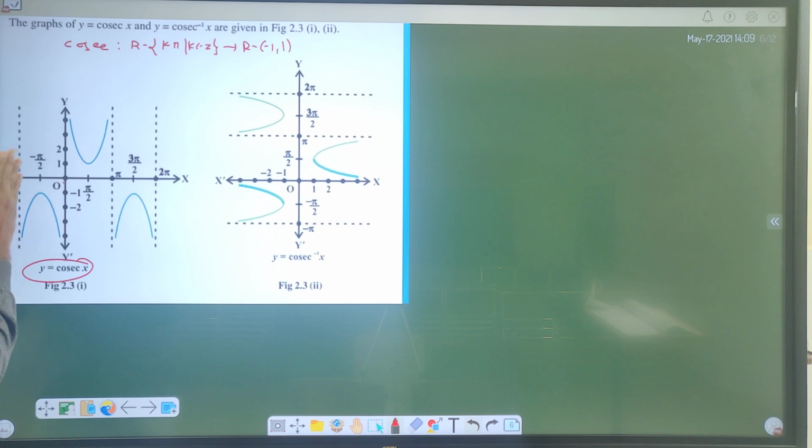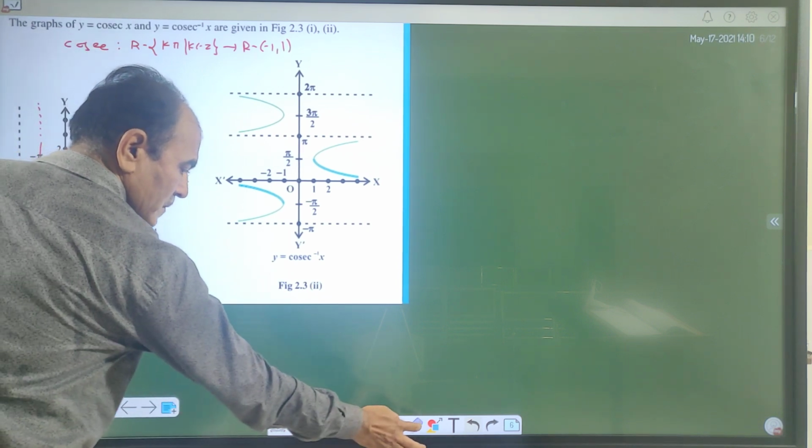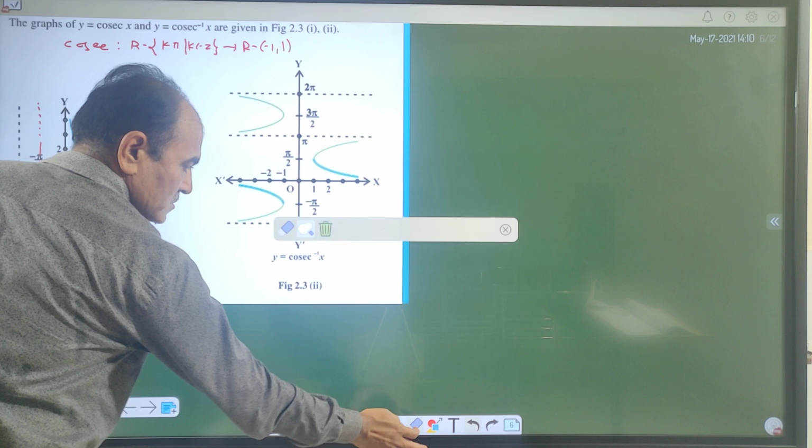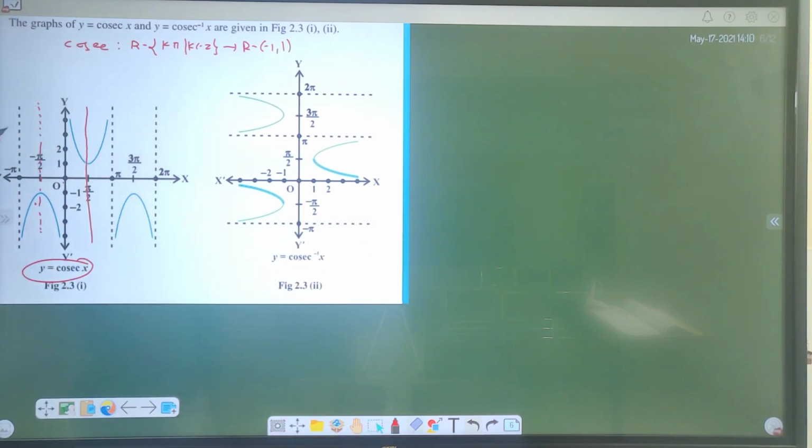But if we split it, see, x is equal to minus pi by 2, x is equal to pi by 2. Observe this part. Cosec function for this pi by 2, yes, that's included.